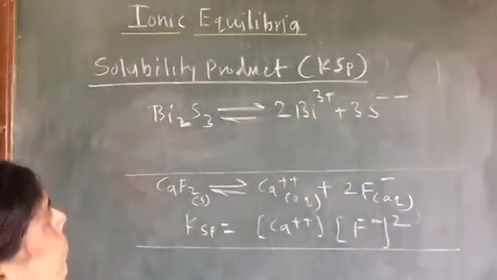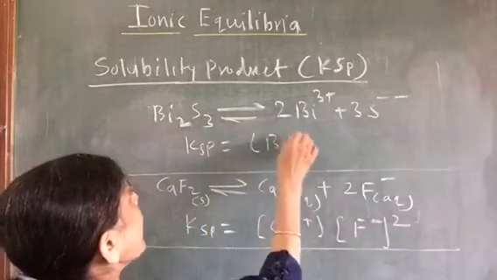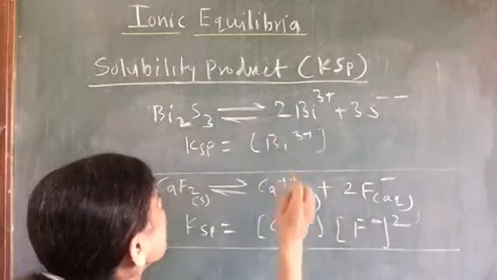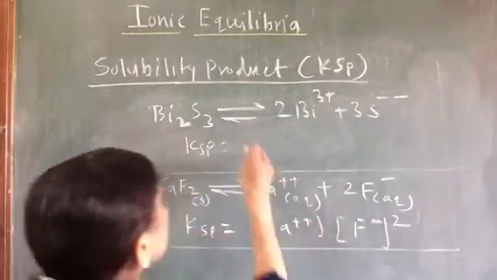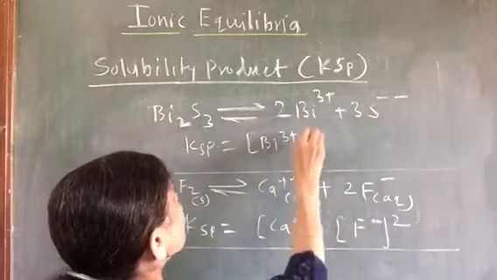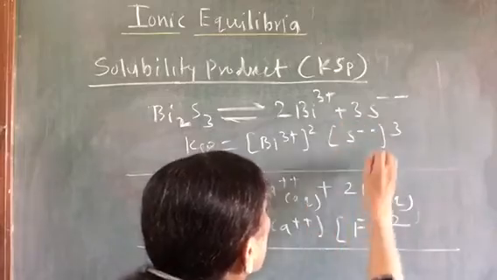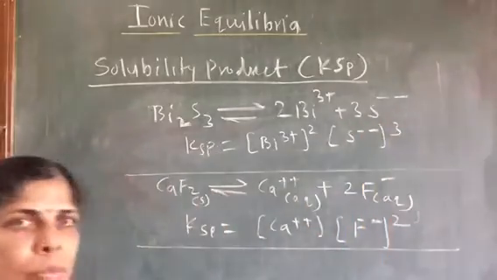So Ksp will be equal to Bi3 plus concentration raised to 2 into S2 minus concentration raised to 3.